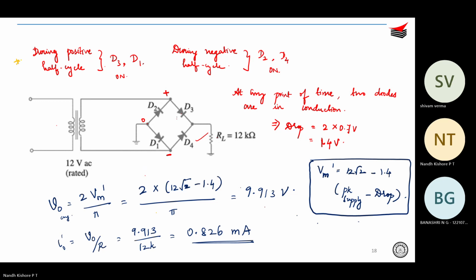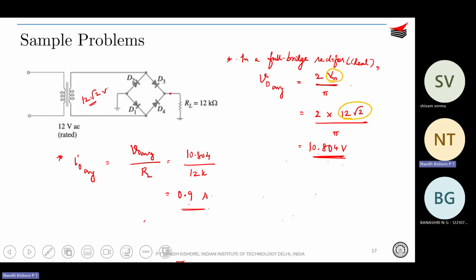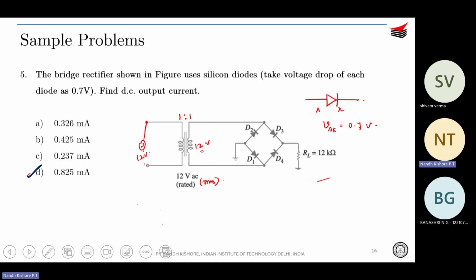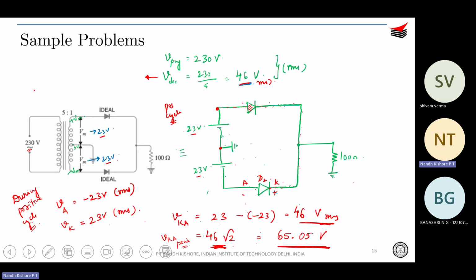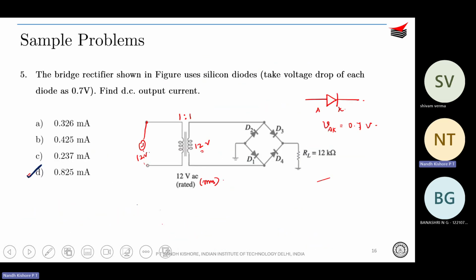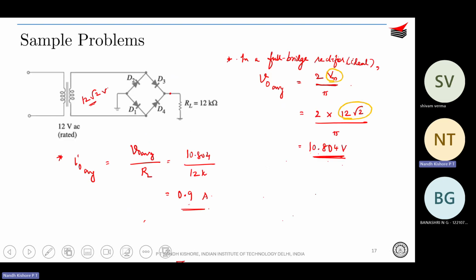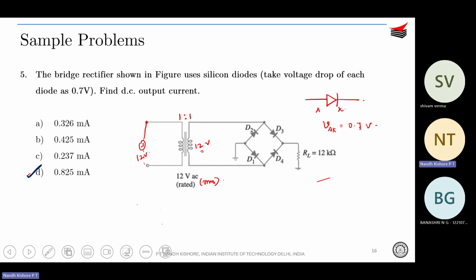Is this fine? Yes, sir. Great. So now we are done with these introductory problems. We have seen three problems on rectifiers. One is this, including non-ideality, that is the voltage drop across the diode, a non-ideal diode.